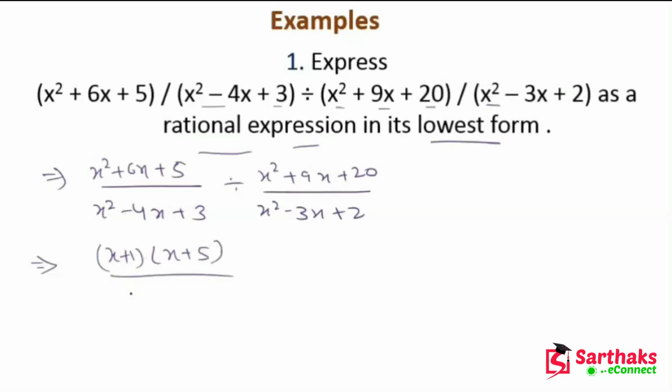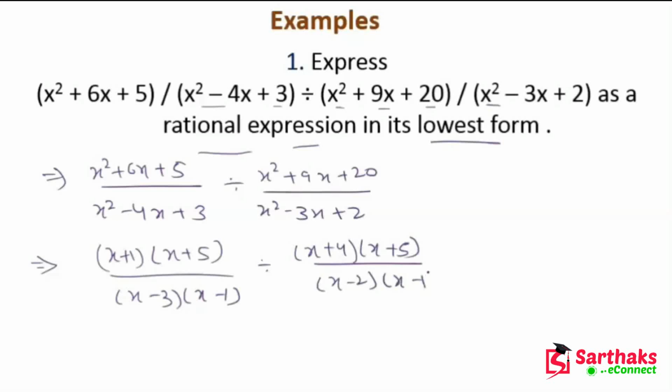Now if we talk about the factors of this denominator part, we get x minus 3 into x minus 1, divided by, now the factors of x square plus 9x plus 20 is x plus 4 and x plus 5, divided by the factors of x square minus 3x plus 2, which is x minus 2 and x minus 1.